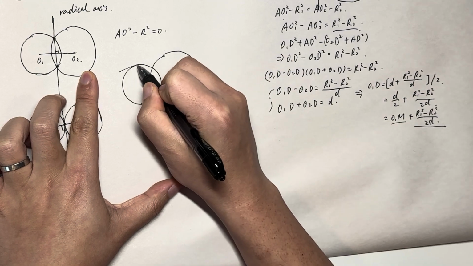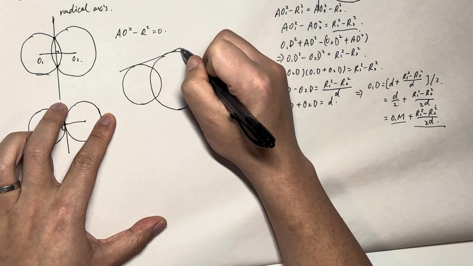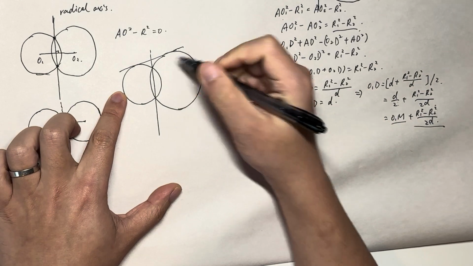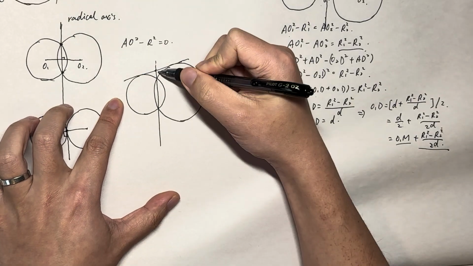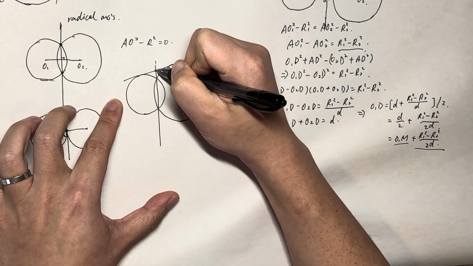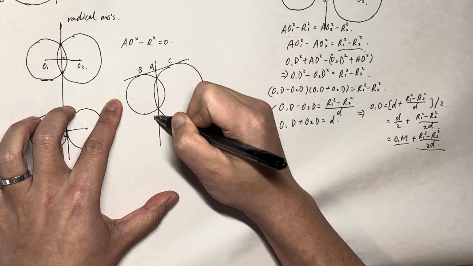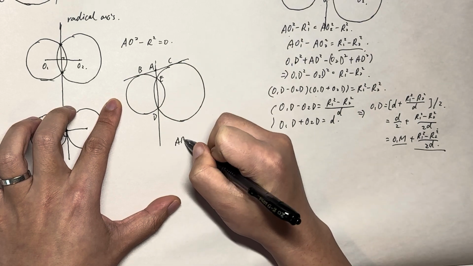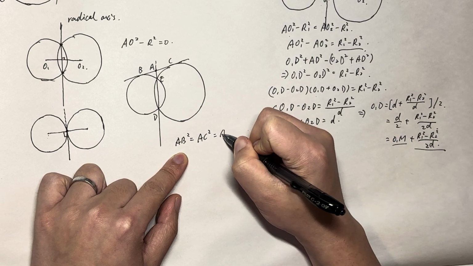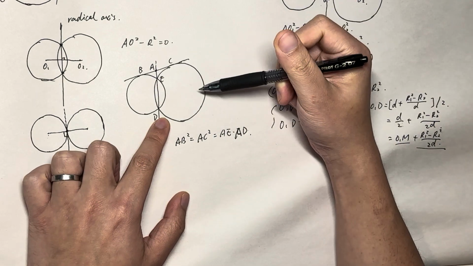For the intersection case, this is also the midpoint, because the midpoint satisfies, from here, let's call it A, B, C, D, and E. We know that because A is the midpoint of BC, AB squared equals AC squared equals AE times AD, regardless of which circle we're talking about, right?